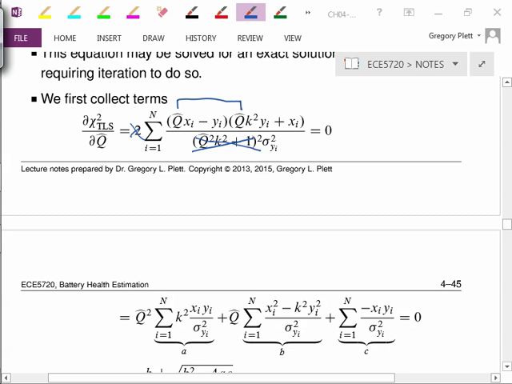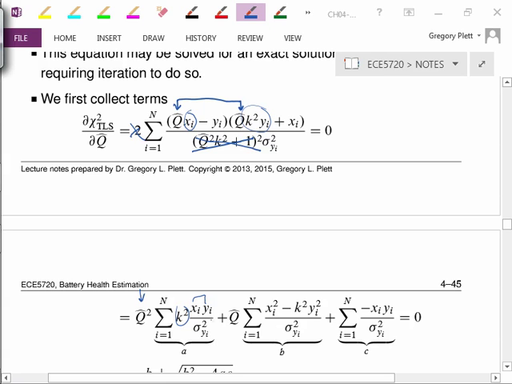I've got a q times a q term here, so that's a q squared term. What does q squared multiply? It multiplies x_i and k squared y_i. So here's my q squared, my k squared times x_i y_i all over the sigma y_i squared.